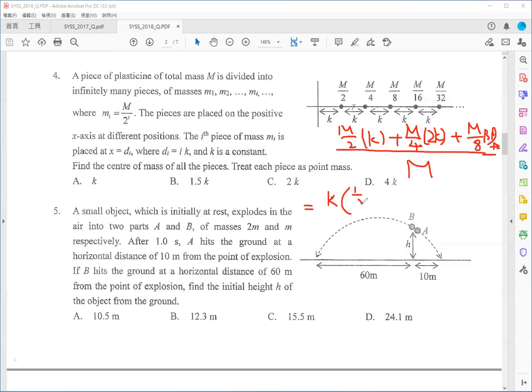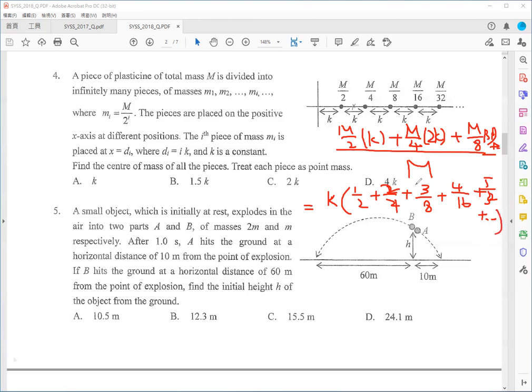So it becomes 1 half plus 1 half plus 3 over 8 plus 4 over 16. Maybe I write it like this: 1 over 2 plus 2 over 4 plus 3 over 8 plus 4 over 16 plus 5 over 32 and so on.